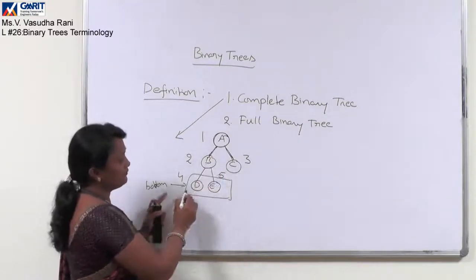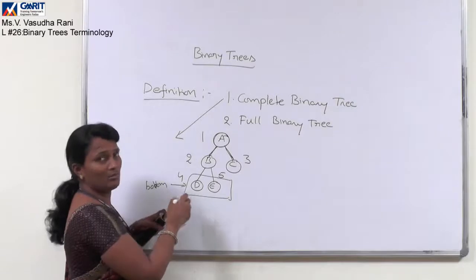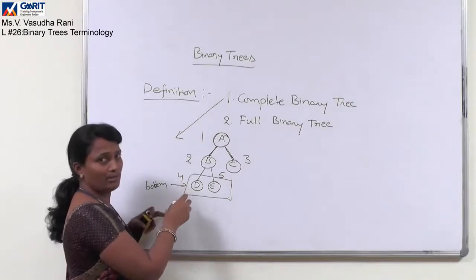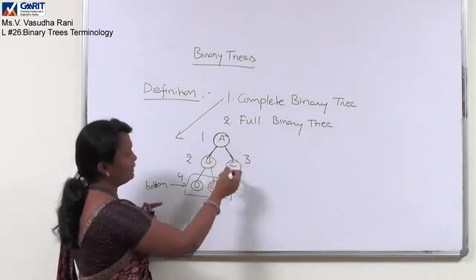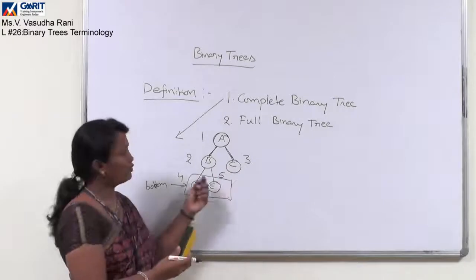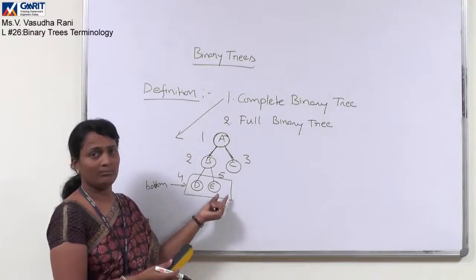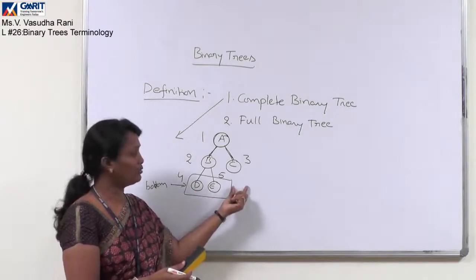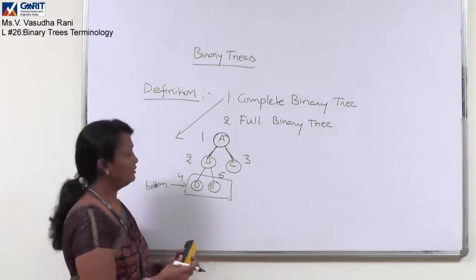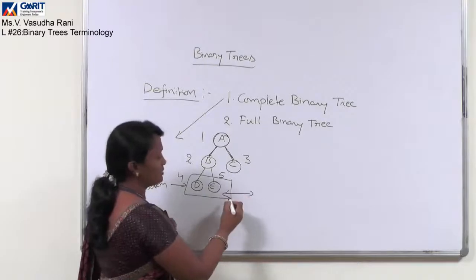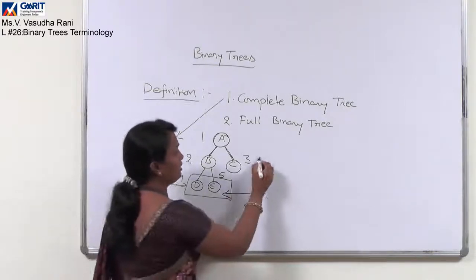So like this, from left to right direction the nodes should be inserted into the binary tree, and every node should have at most 2 childs only, except at the leaf level. If there are no childs at the leaf level, that is also an exception with the complete binary tree.